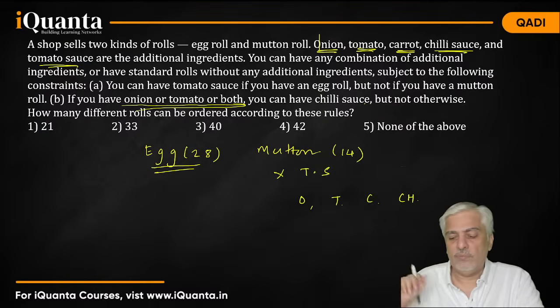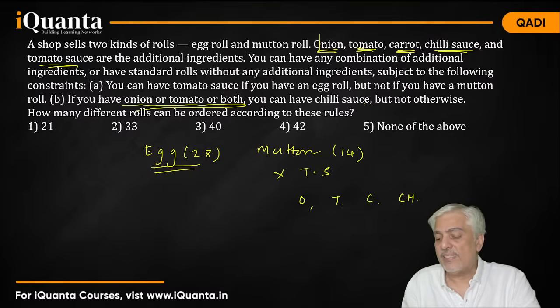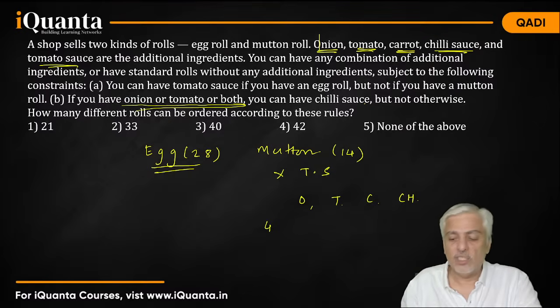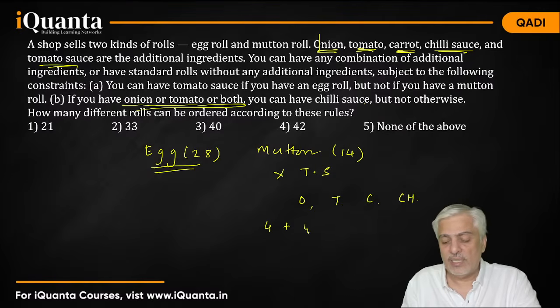Obviously, you can have 4 cases initially with the sauces, all 4 with chili sauce, then another 4 cases with tomato, and last में 2 cases. So 4 plus 4 plus 4, 12, 12 plus 2, 14 cases you will have over here for mutton roll.